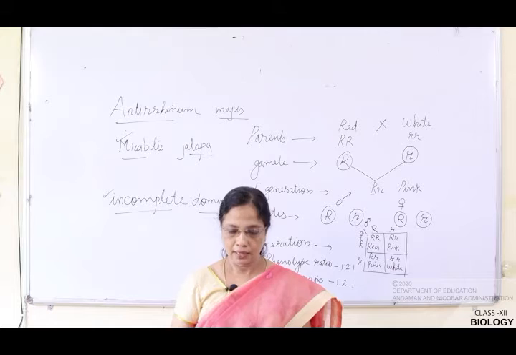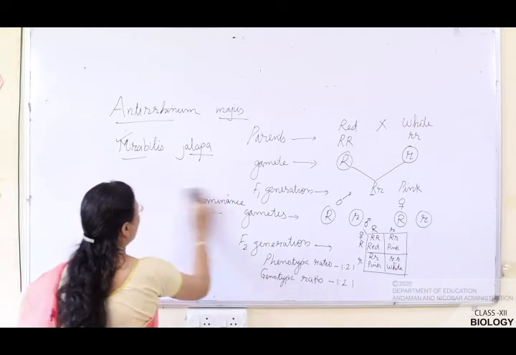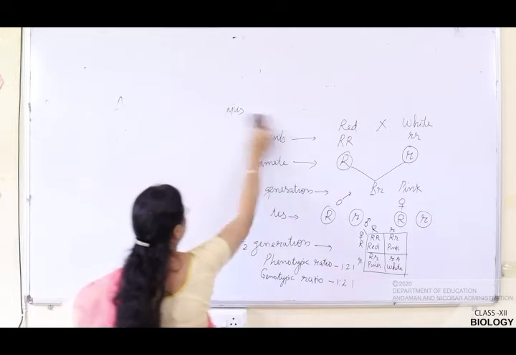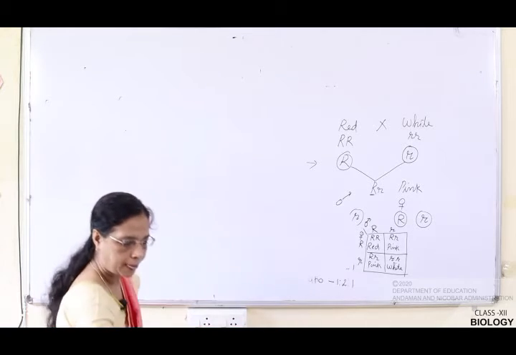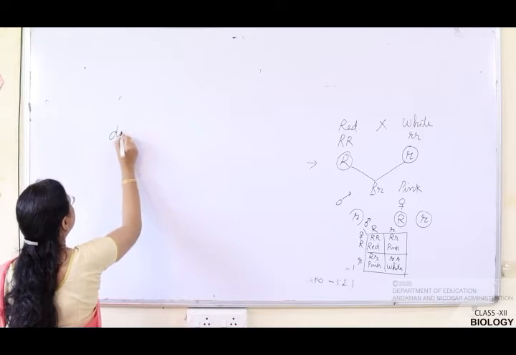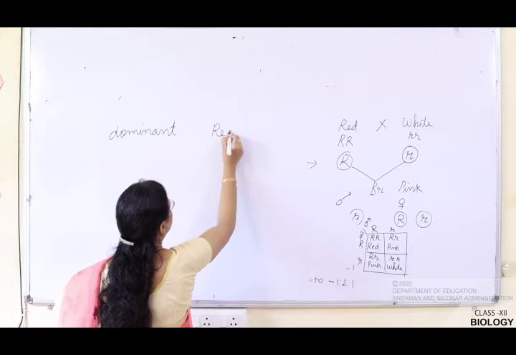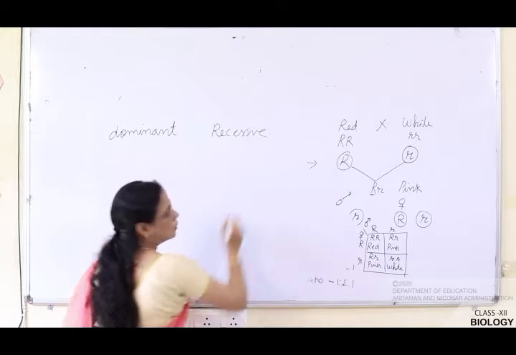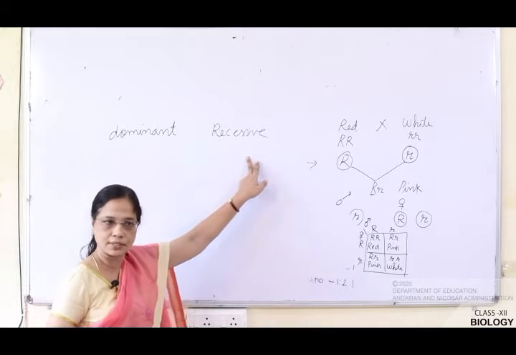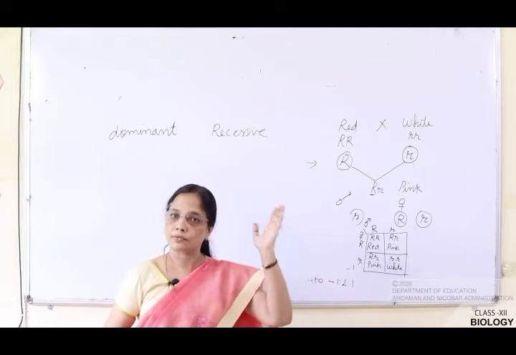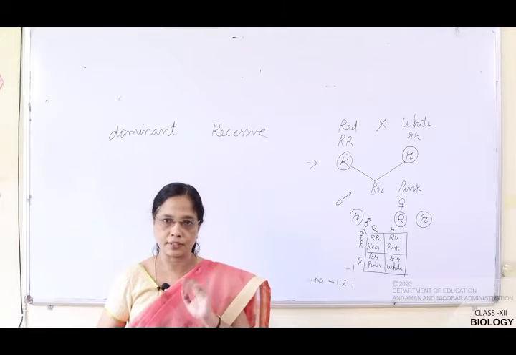Is it clear? Children, till now we have studied that one gene carries two alleles, like one dominant allele and one recessive allele, like tall plant is a dominant trait and dwarf plant is a recessive trait.